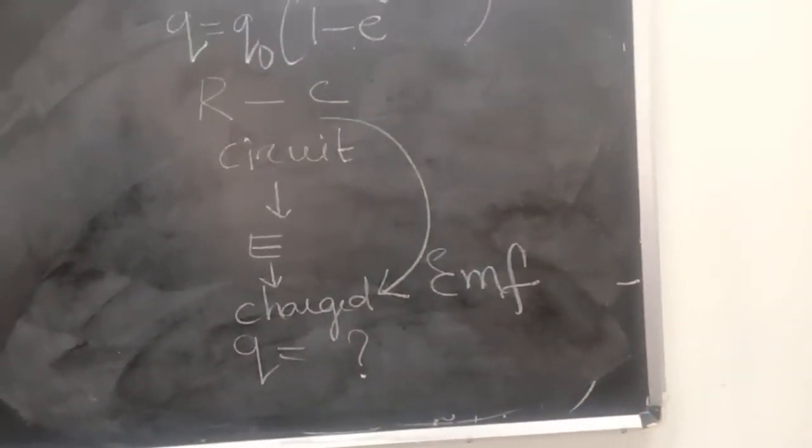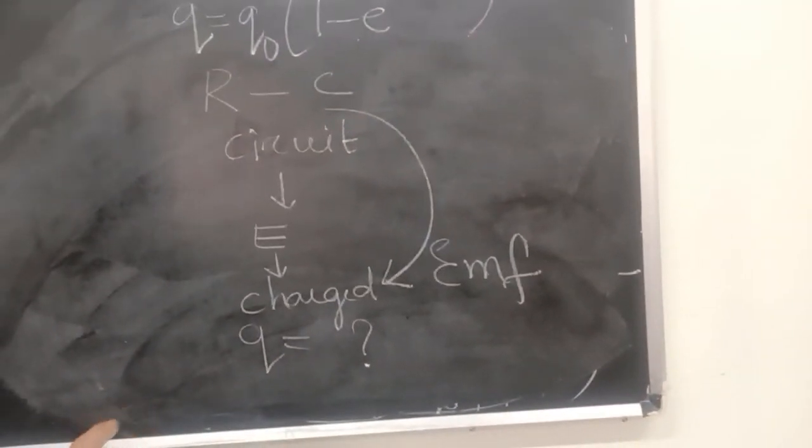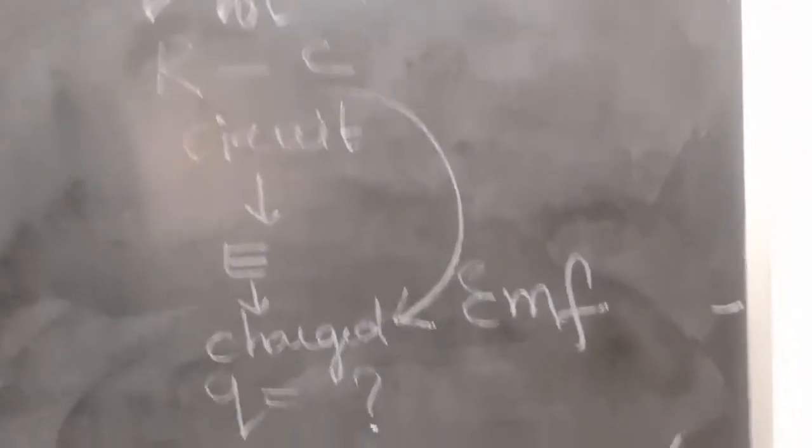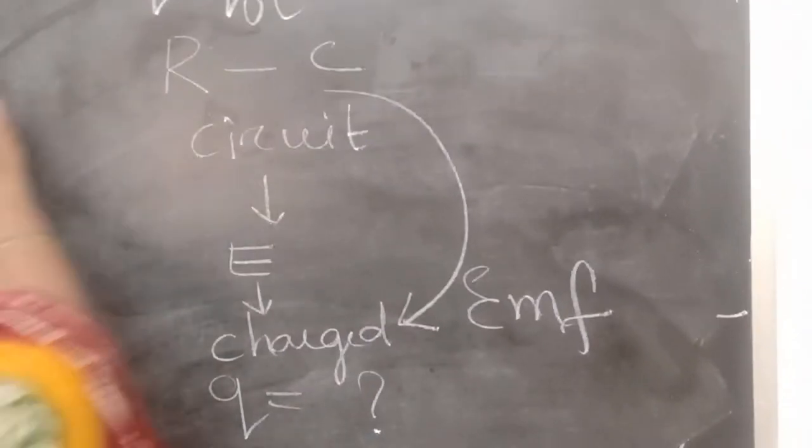This is the expression. Okay. So next we will see the graph. What type of graph do we get as time is increasing?